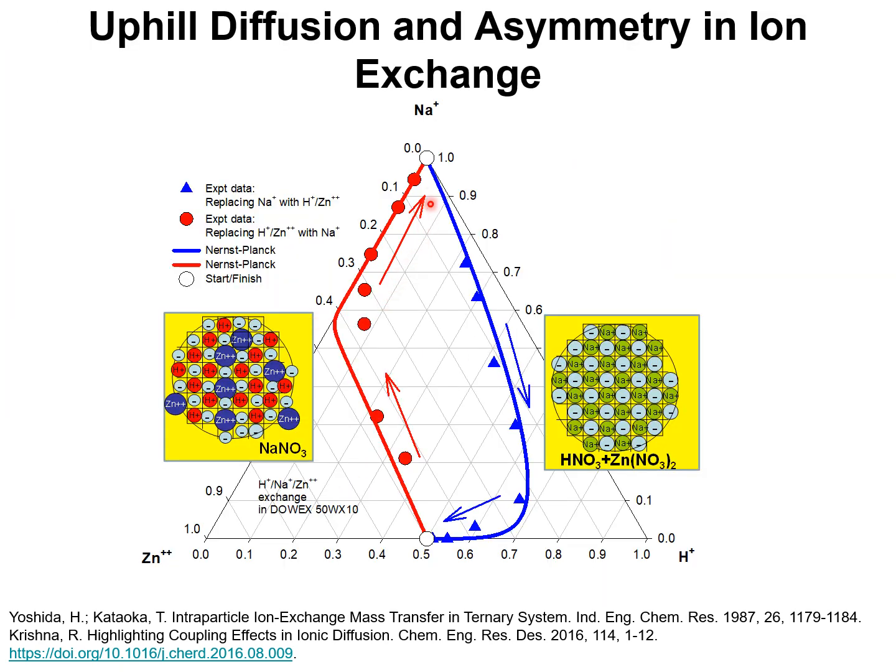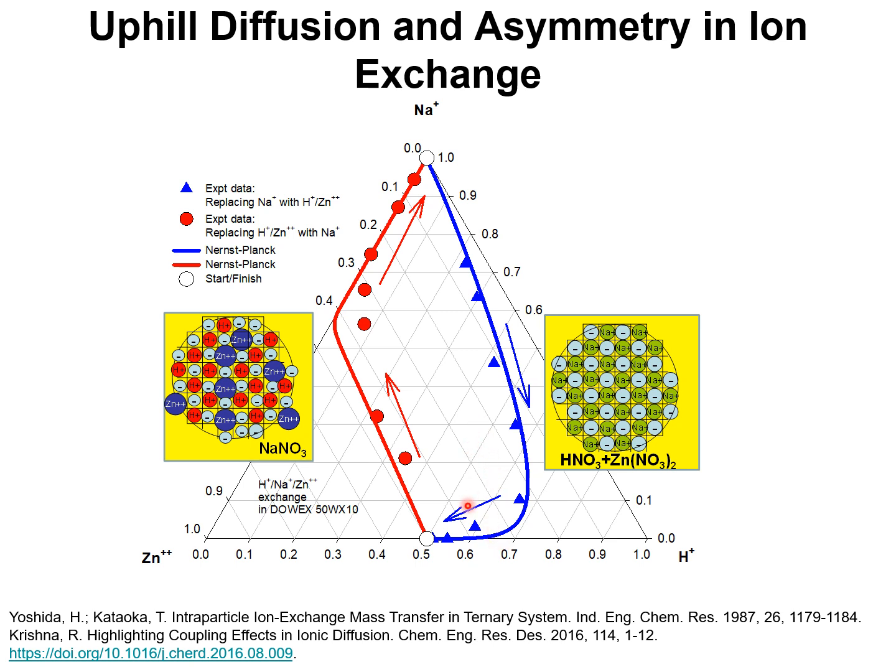The transient equilibration trajectories followed by the three cations in the two experiments shown in the previous two slides are plotted in ternary composition space in this figure.